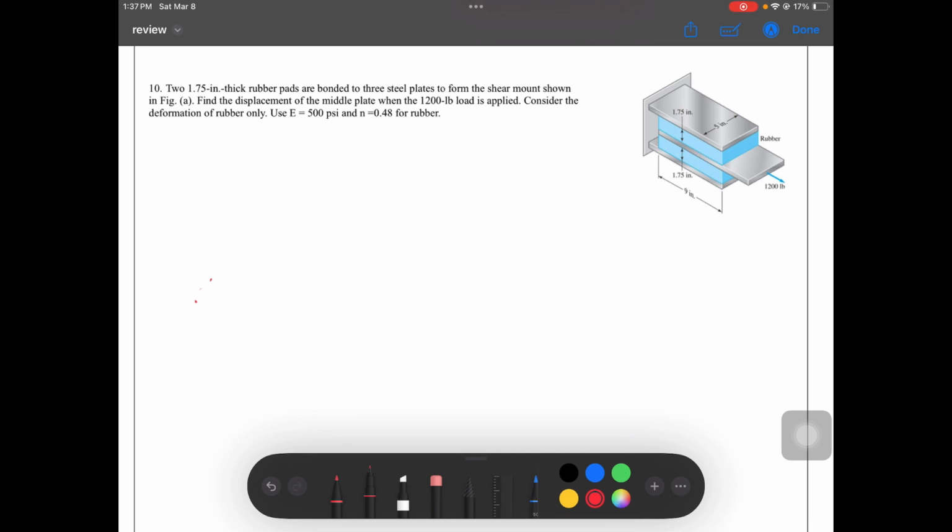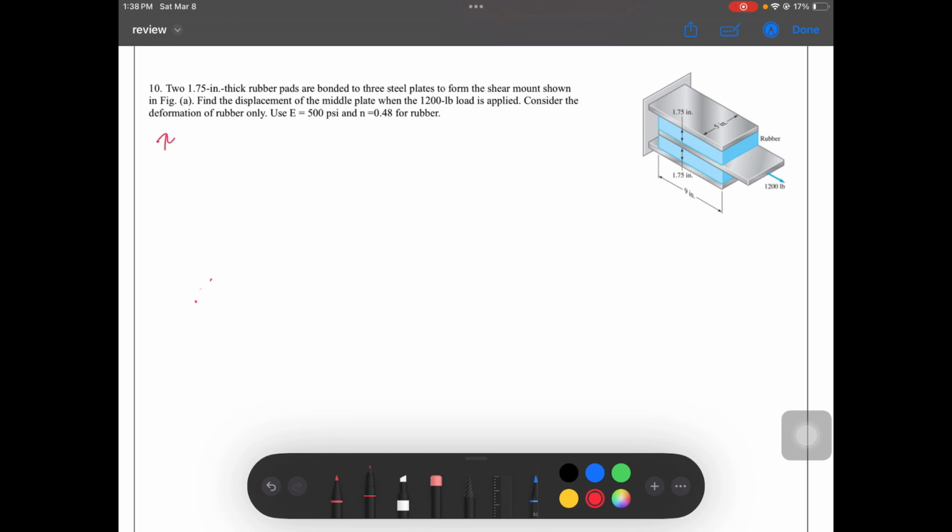So, number 10 example, two 1.5 inch thick rubber pads are bonded to 3 steel plates to form the shear mount shown in the figure. Find the displacement of the middle plate when the load is applied. Consider the deformation of the rubber only. So, ano-ano yung mga equation natin sa shear strain?